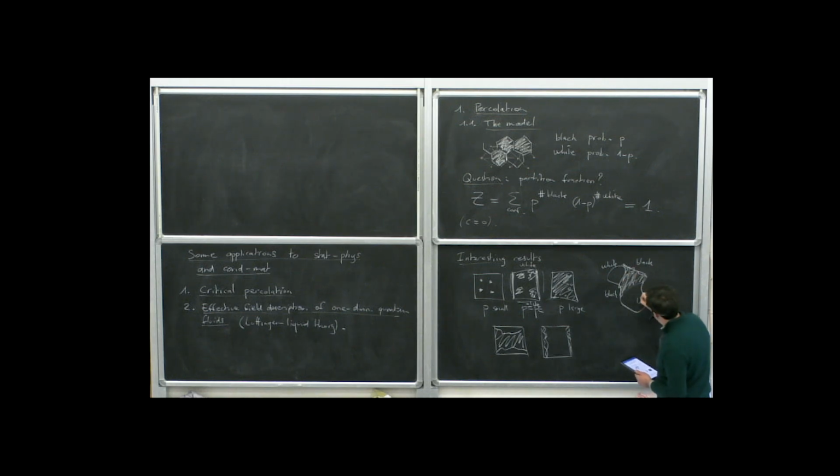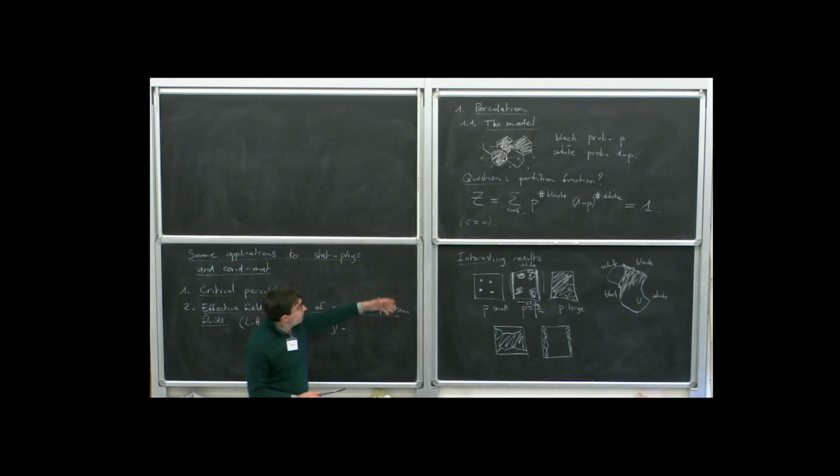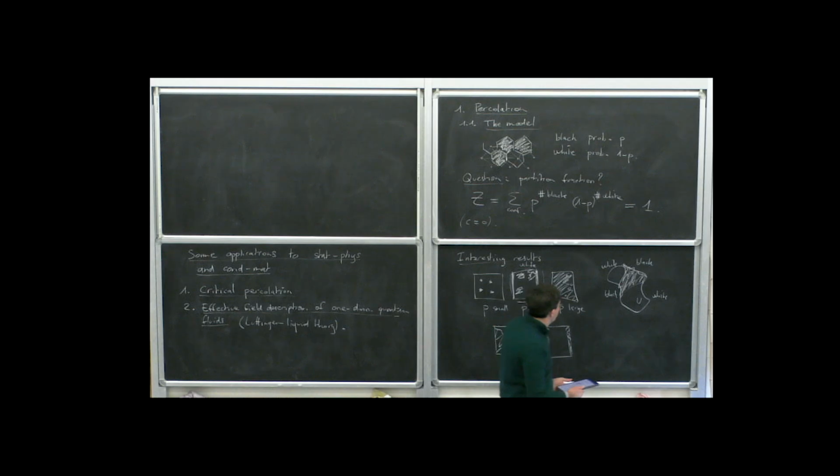So if this is some domain U, the answer will be the same as in the rectangle or as in the upper half plane if you do the right conformal map. So you can use the technology of conformal mappings to answer this kind of questions.